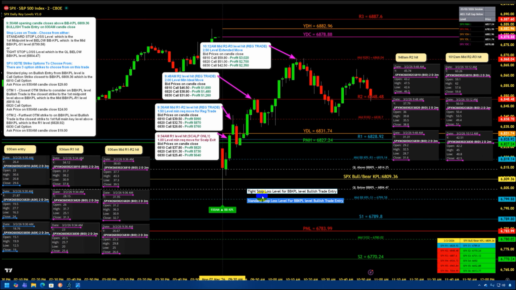So if you remember, when we start the trade on the initial trade entry, we're using levels for either our tight stop loss level or standard stop loss level. It's level based. However, when you're adjusting your stop loss to break even or break even plus a profit buffer, if you want to add a profit buffer, you are instead changing your stop loss to a price of the option base stop loss.